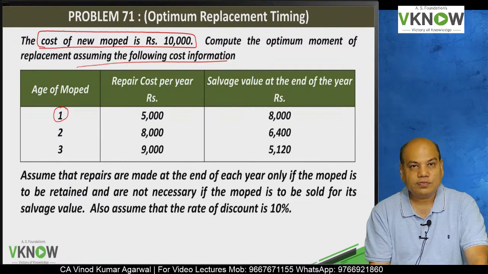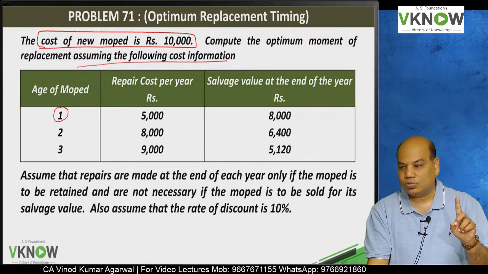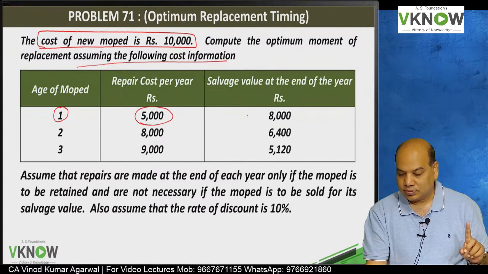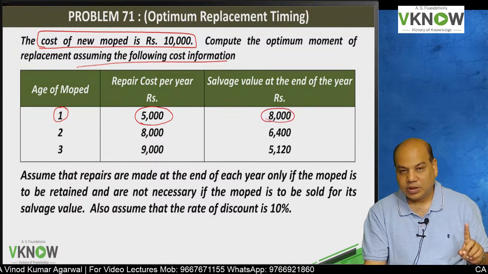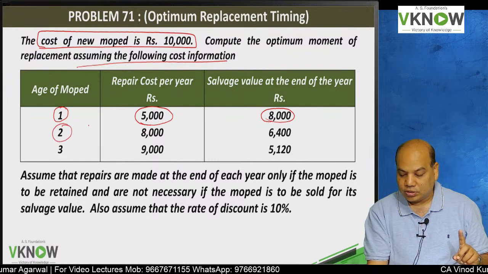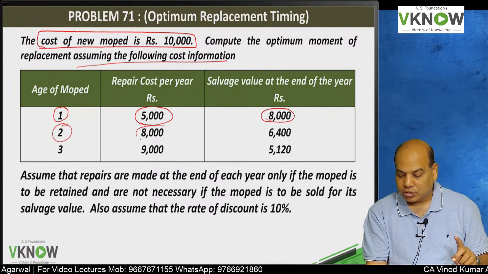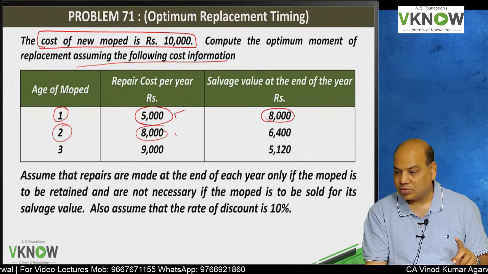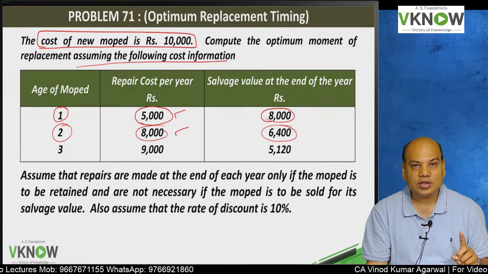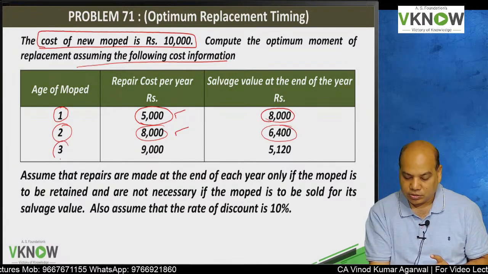If you use it for 1 year, repair cost will be 5,000, salvage value will be 8,000. If you use it for 2 years, then repair cost will be first year 5,000, second year repair will be 8,000, but salvage value, if you sell it in the second year, will be 6,400.